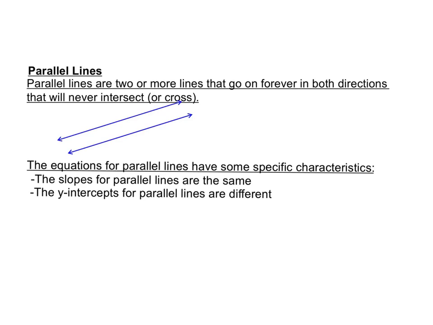Which means if I'm going to write an equation for a line parallel to the other line, and I know the slope of that other line, then I know the slope of the parallel line. So again, parallel lines will always have the exact same slope, and the y-intercepts will always be different.